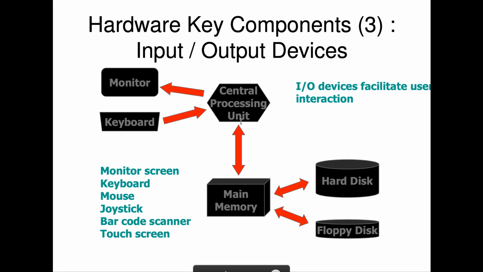This information is given to you via the monitor for you to read, and then you can click a mouse button or press a key on the keyboard, and the signal will be sent to the CPU, and the CPU will continue running the program. That is a typical example of the usage of input and output devices.